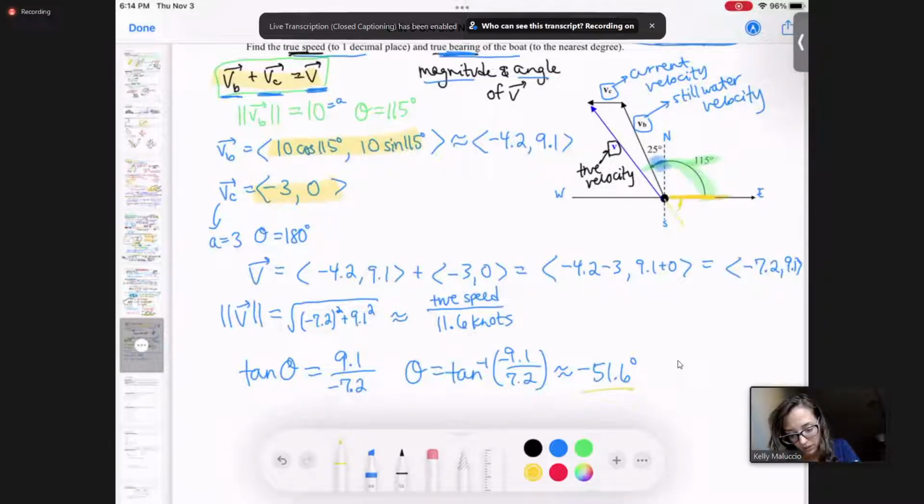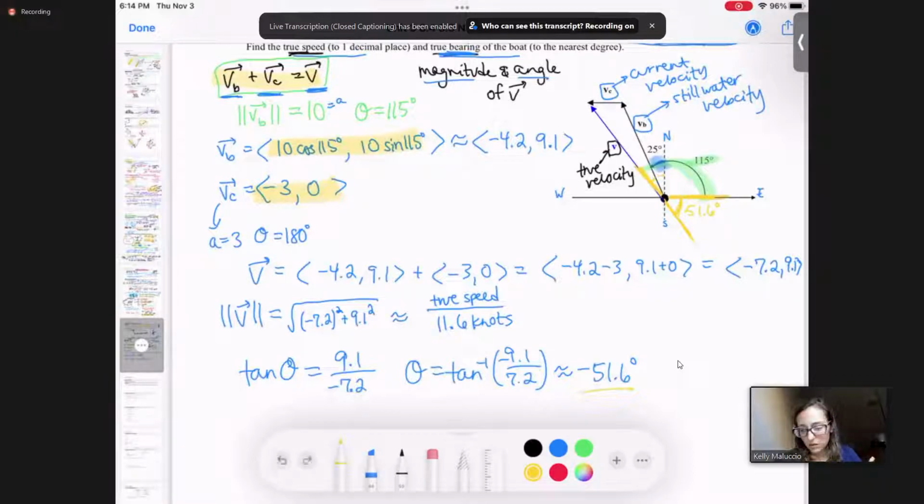So this would be 51.6 degrees, technically negative. And in order to figure out what that means for this vector here, I have to say, I want to know this angle.